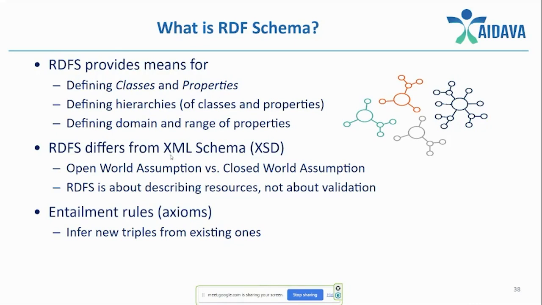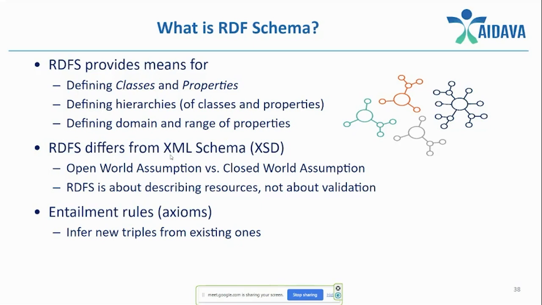I will not go into great detail on how exactly RDF Schema differs from XML schema, but one is more or less focused on the open world assumption versus the closed world assumption.